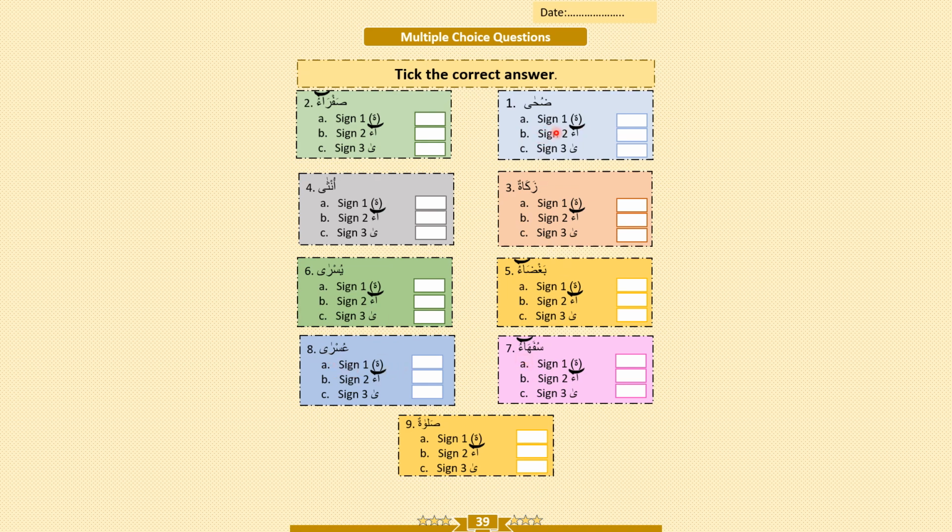You need to state, by ticking the answer here, for example duha, whether it belongs to sign 1, 2, or 3. So you put the tick in the correct block here. This is an activity that will help us understand all 3 signs: sign 1, 2, and 3. Ta marbuta, alif mamduda, alif maqsura. Very easy to learn and understand.